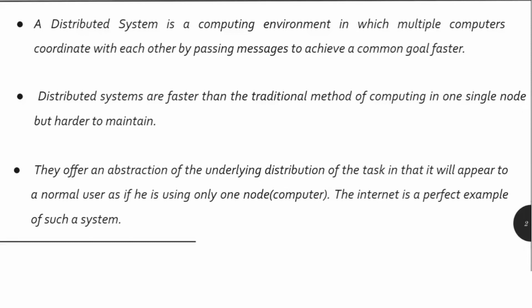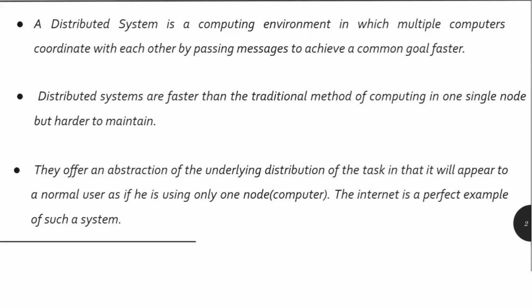For example, when you use the internet, everything is abstracted away from you. All of that complexity of taking a message and passing it from one network into another until it reaches the destination, and all of that data encapsulation, doesn't appear to a normal user. It just appears that all of that computation is done in his own computer.